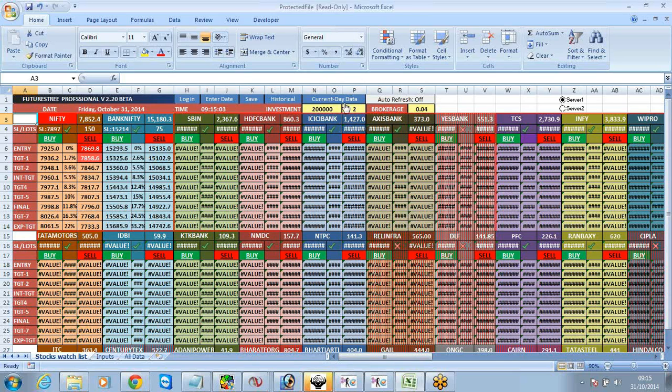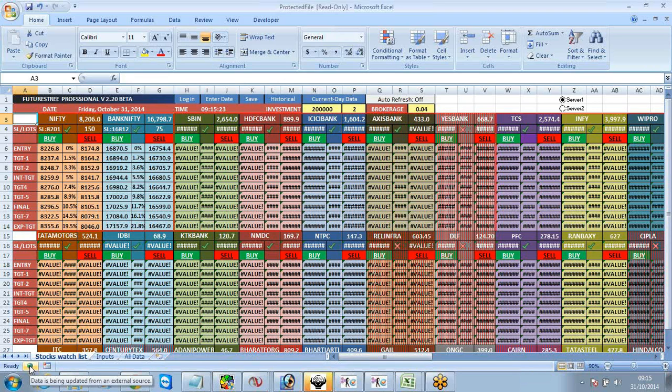So it's 9:15 now. So what I'm going to do is I'll just click on the current day data button. So on the left bottom corner, you can just see this small icon, which indicates that the data is being updated.